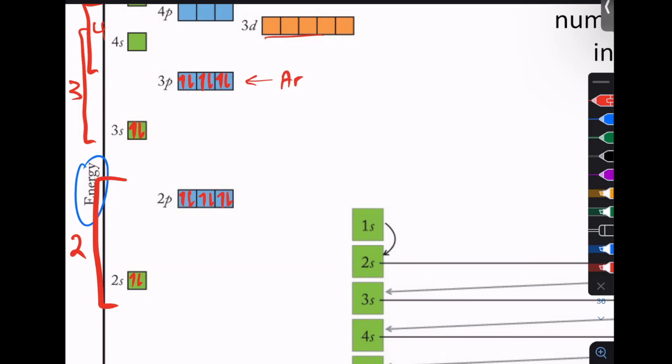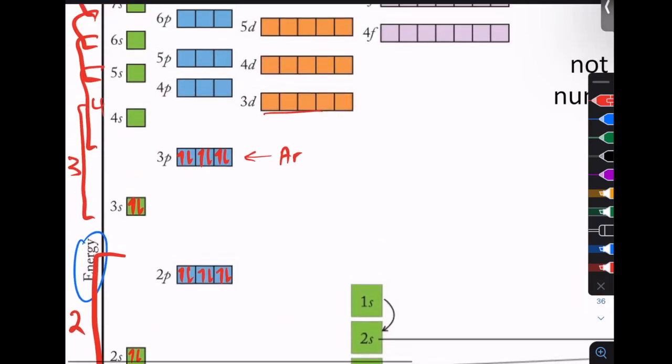What is this? This should be argon. And without counting them, you should get pretty clever with knowing how many electrons that is. Of course, you can always look at the periodic table and see that argon is atomic number 18, so you know that that's 18 electrons. That's also going to be where you're most stable, if we're going back to that idea of forming ions and being isoelectronic.